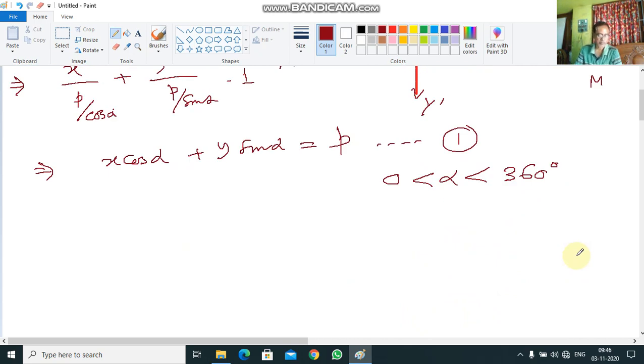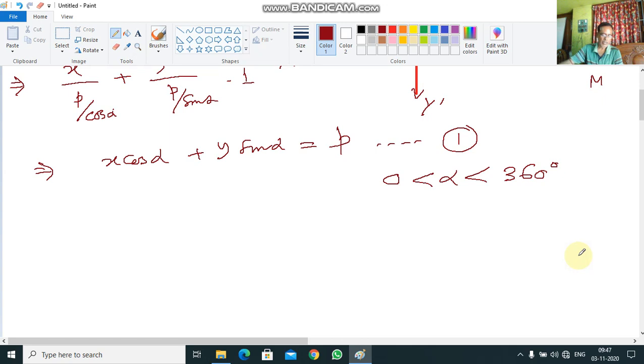Now, the next theorem. Every linear equation in x and y always represents a straight line on a plane.